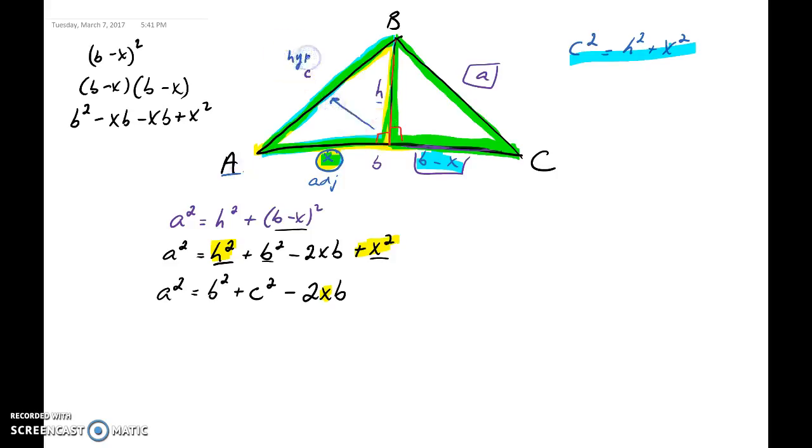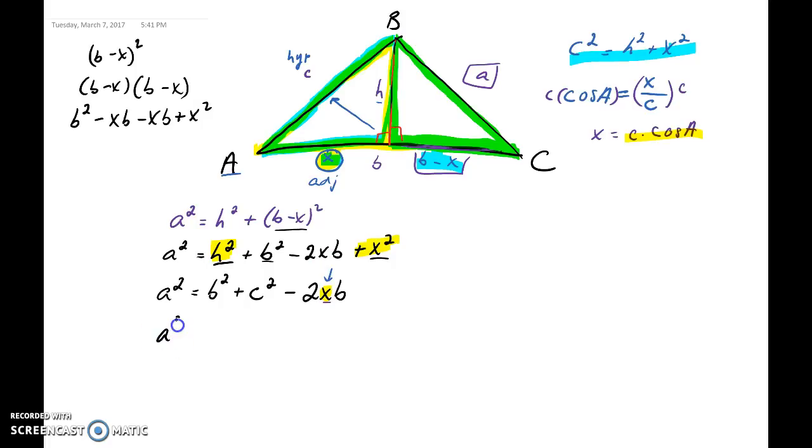The ratio that uses adjacent and hypotenuse is cosine. So cosine of angle A is equal to adjacent X over hypotenuse C. Since we want to substitute in for that X, X has to be equal to C times cosine of angle A.